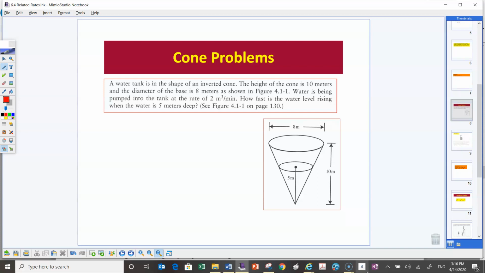Now, let's write down what we know. First of all, we know that this is the height of the cone, so I'm going to use a subscript. The diameter of the cone is 8, so therefore the radius of the cone is 4 meters. And we know that water is pumped into the tank at a rate of 2 meters cubed per minute, so that's my change in volume with respect to time.